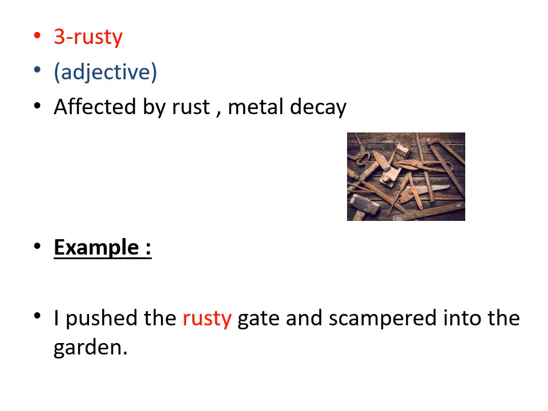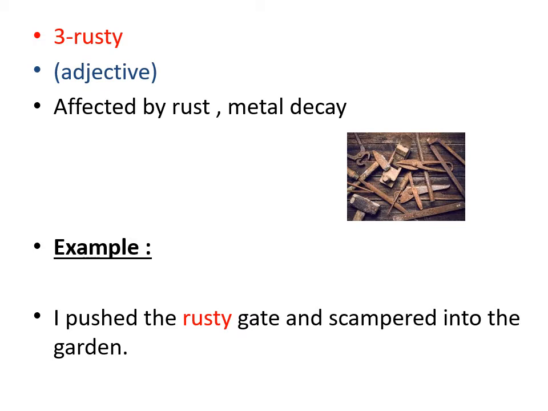Let's see the example. I pushed the rusty gate and scampered into the garden. As you can see here, the word rusty describes the gate. That's why it is an adjective. And as I've said before, rusty usually describes a metal.